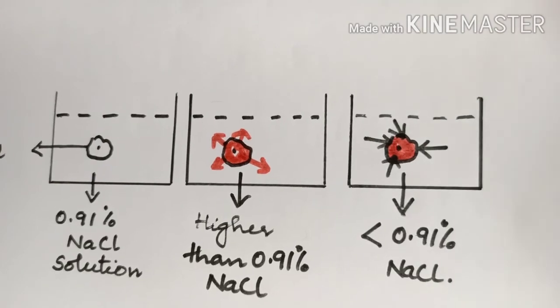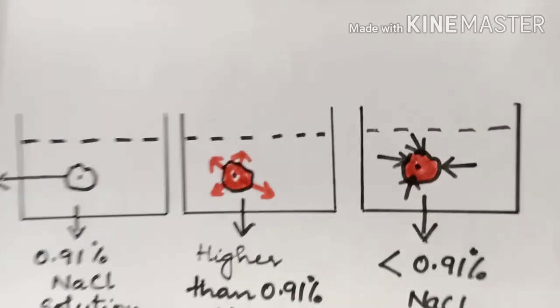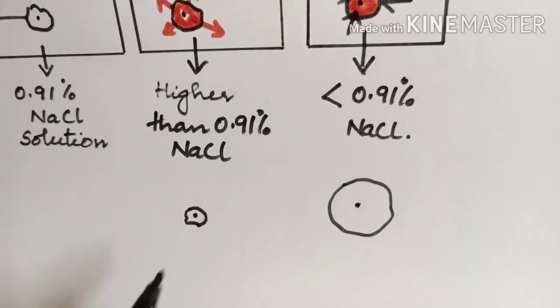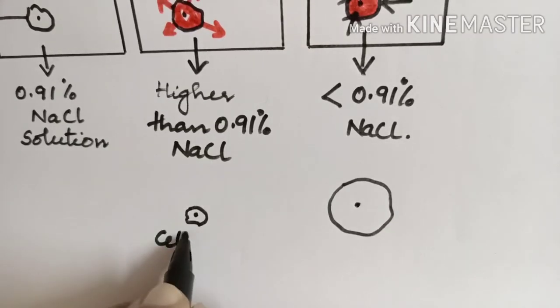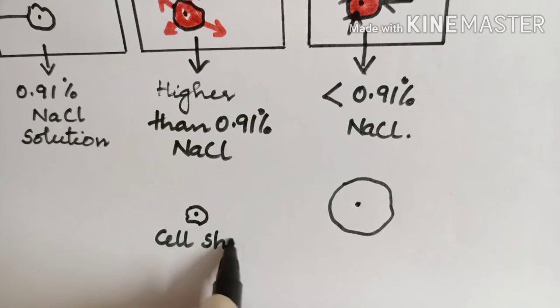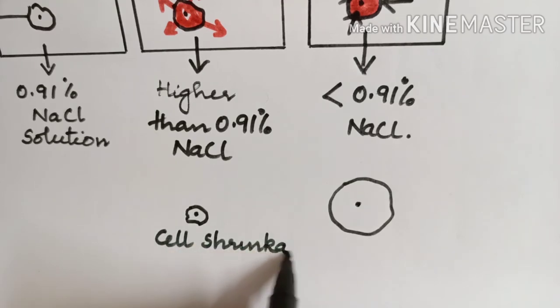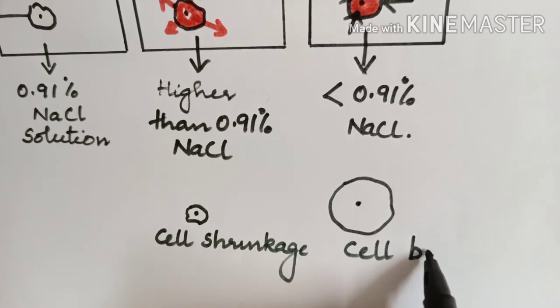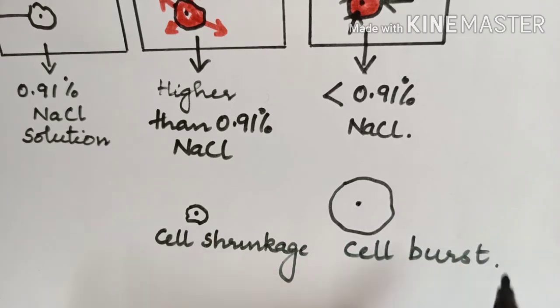So you find that when the concentration is changed from 0.91%, either the cell will undergo shrinkage or the cell will burst as a result of bulging of the cell.